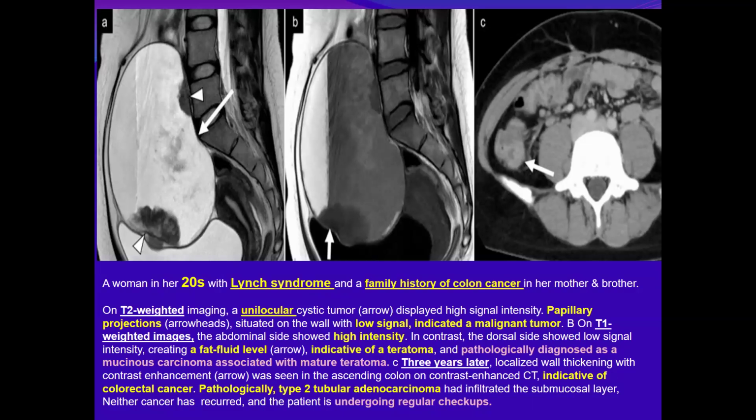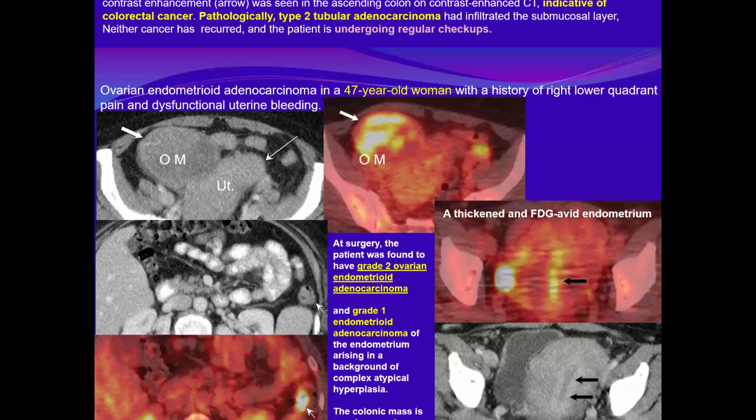And look at the age of the patient: she is still in her 20s. She has colorectal cancer and ovarian cancer at the same time. Patients like this undergo regular checkups in their follow-ups, but fortunately she has no evidence of recurrence.